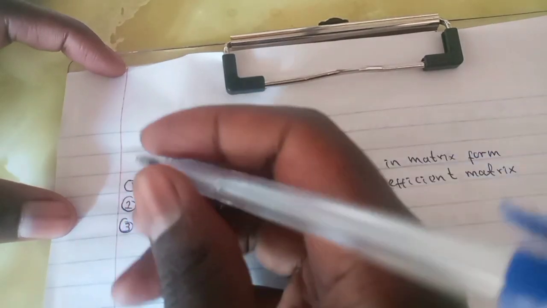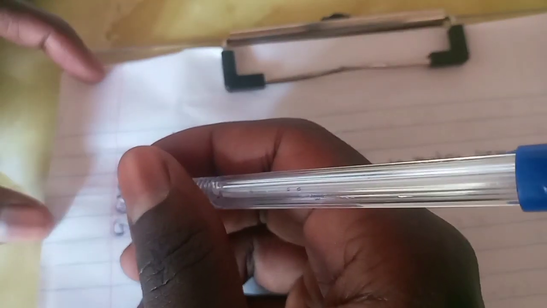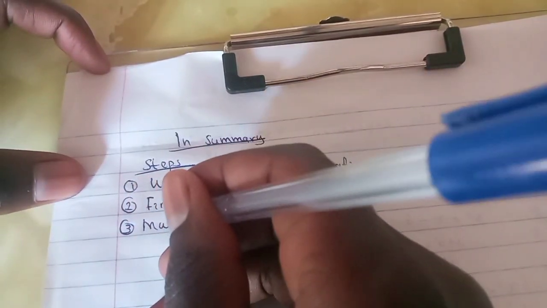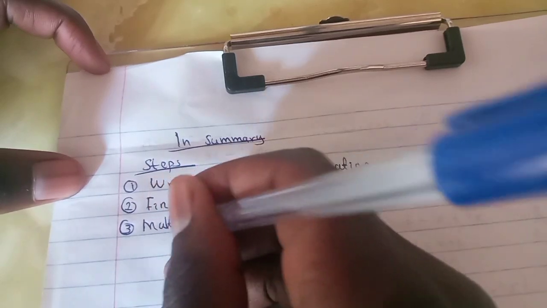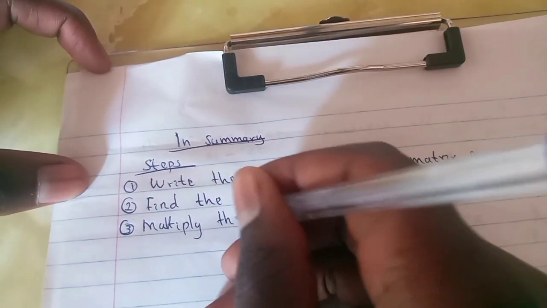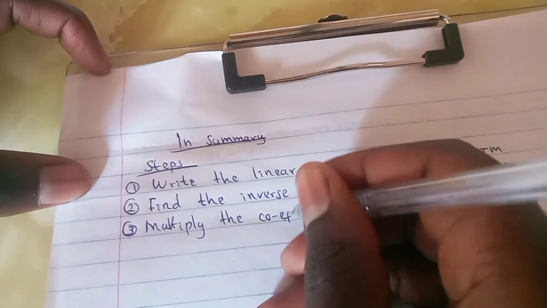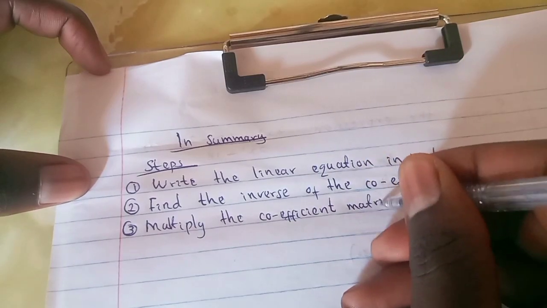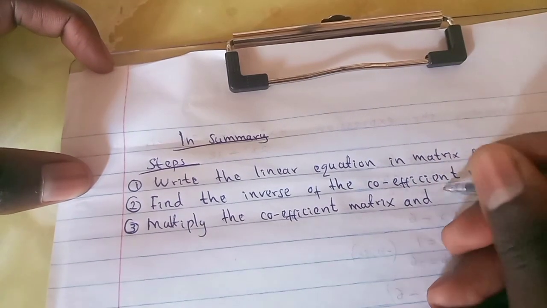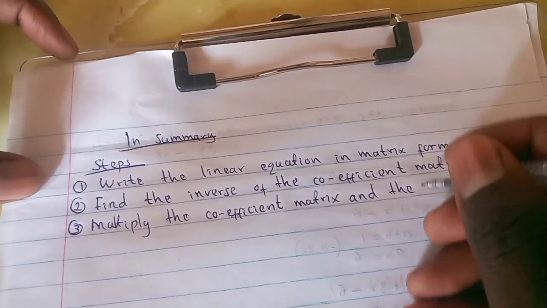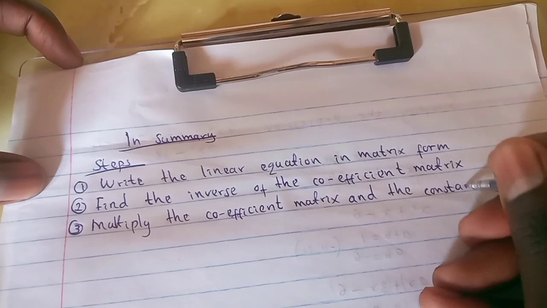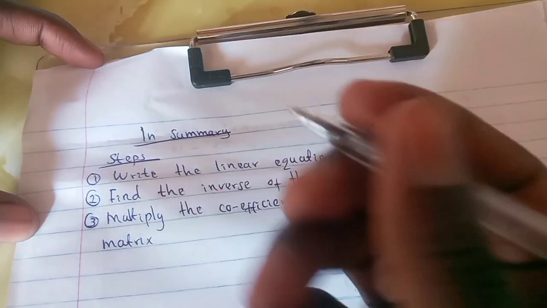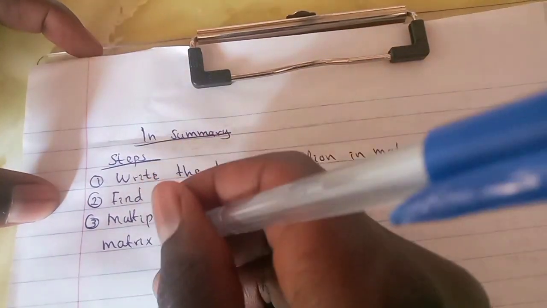The third step is multiply the coefficient matrix and the constant matrix by the inverse matrix. You multiply the coefficient matrix and the constant matrix by the inverse matrix.